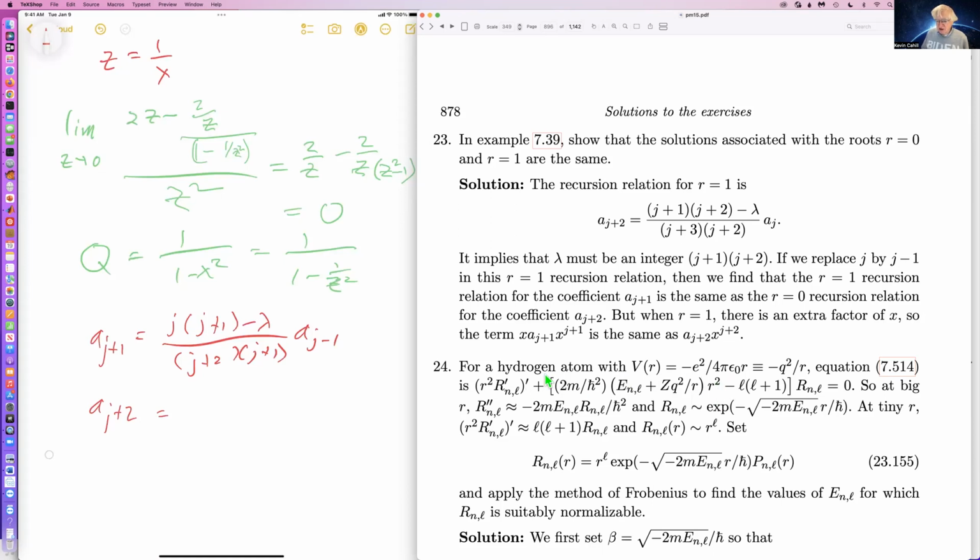So all of this vanishes for small r, and you just have the l(l plus 1) term. And that tells you that at small r, the radial wave function goes as r to the l. And that's a generic thing in quantum mechanics, and it has all kinds of meaning.